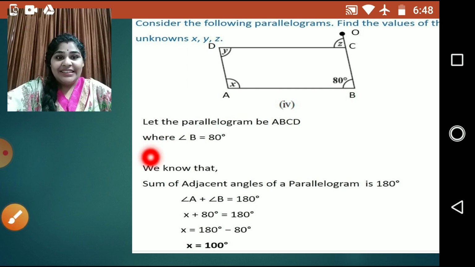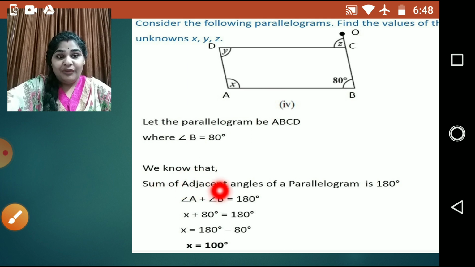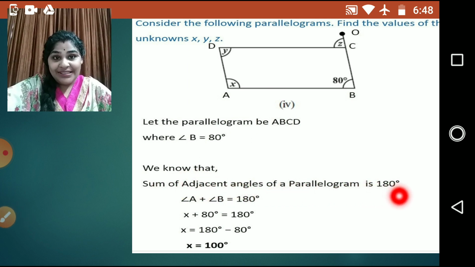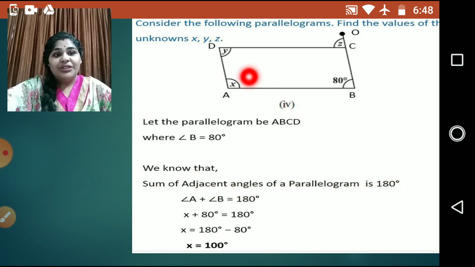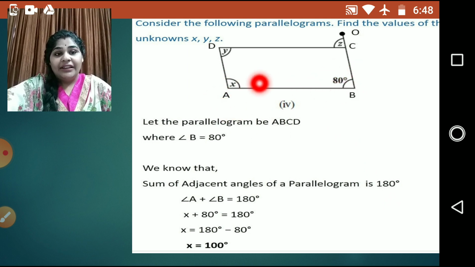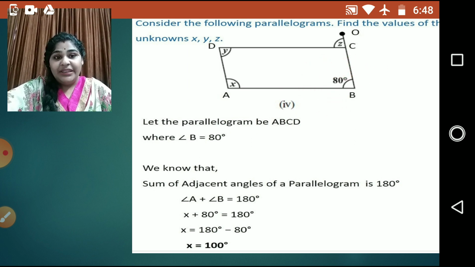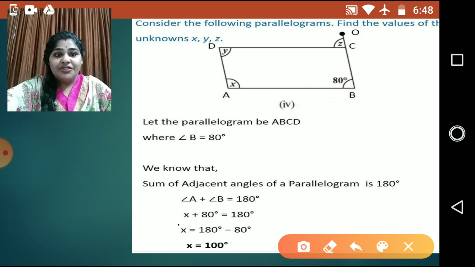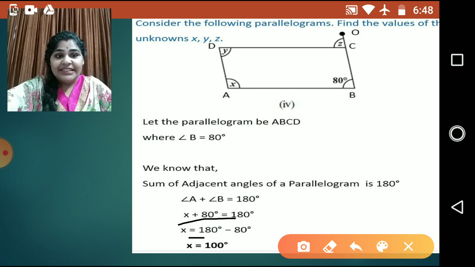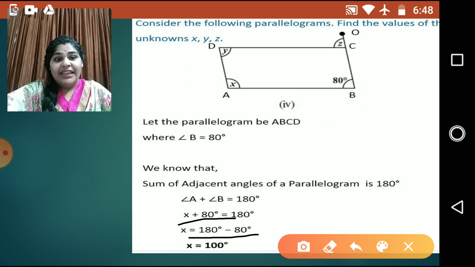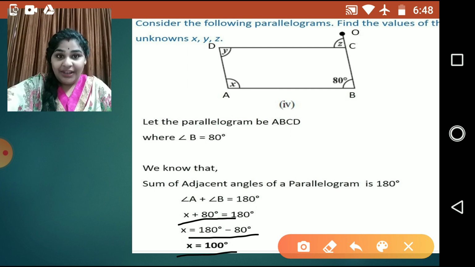Now here you can see, we know that the sum of the adjacent angles of a parallelogram is 180 degrees. So angle B plus angle A is equal to 180 degrees. We know angle B, so X will be equal to 180 degrees minus 80 degrees. Hence X is equal to 100 degrees.